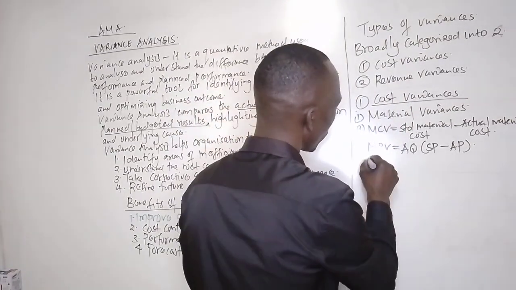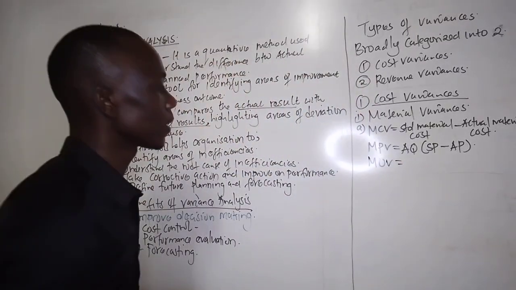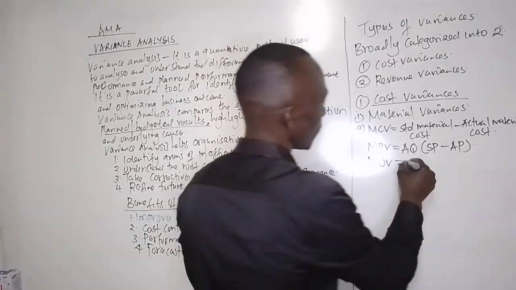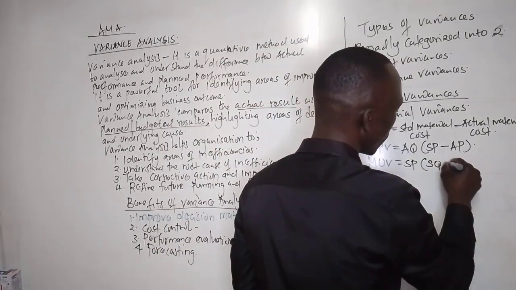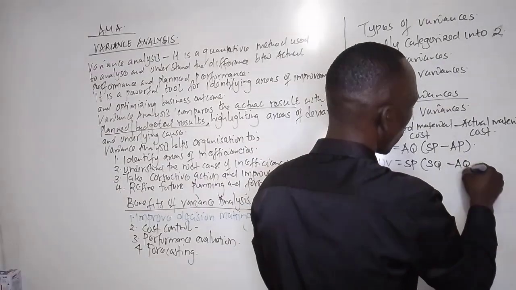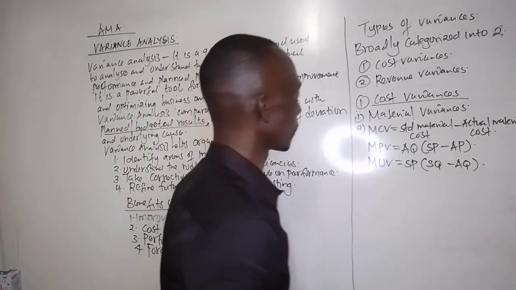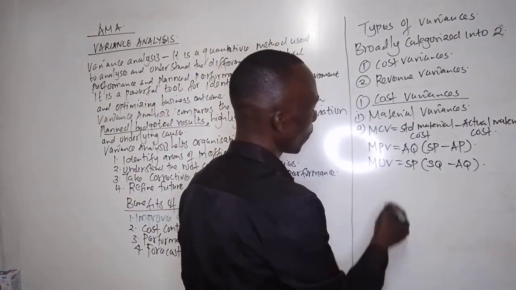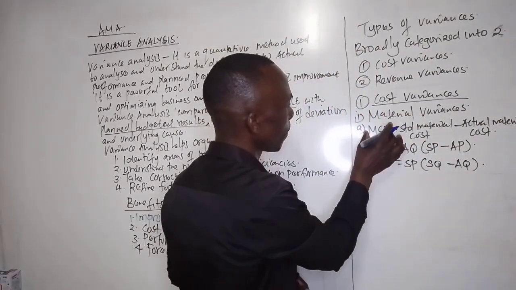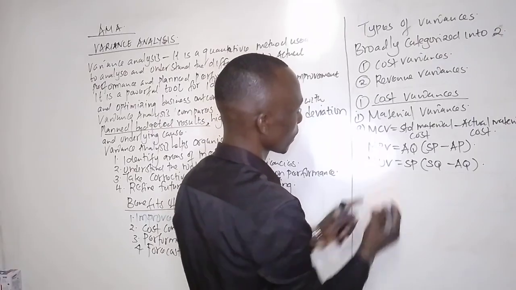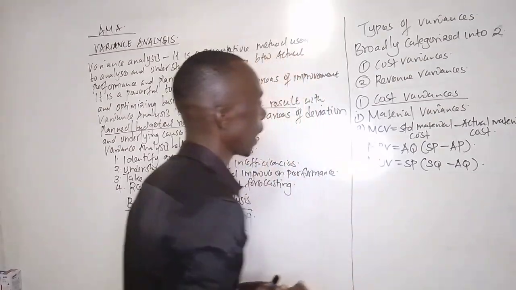The third one is the material usage variance, given by the standard price into the standard quantity minus the actual quantity. Also, to get the material cost variance, you can take the material usage variance and add the material price variance.